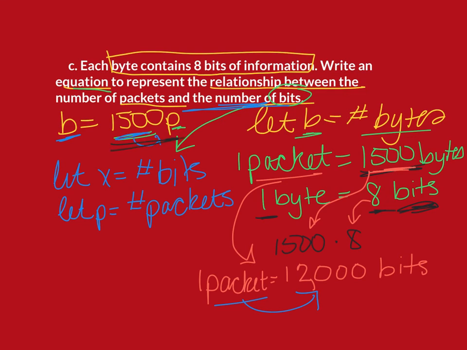So my new equation is going to be x, because that's the total number of bits, is equal to 12,000 bits per each packet, times p. And that will, of course, give us the number of bits. So your final equation is this right here. But you do need this information here as well to tell us what each variable means.